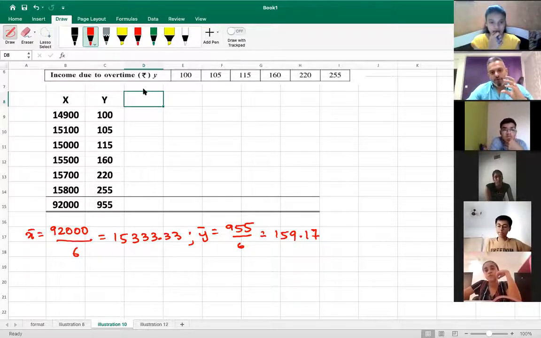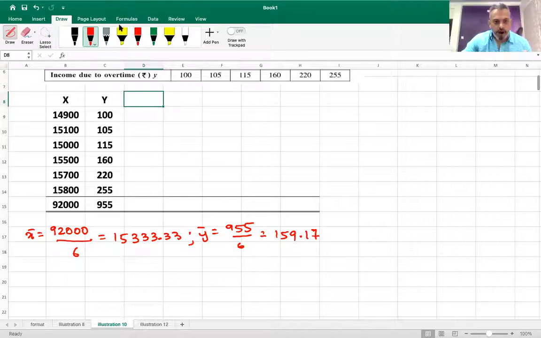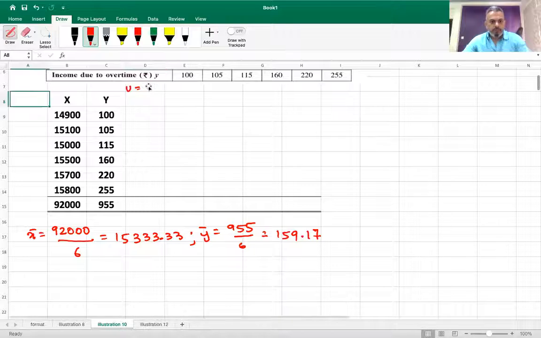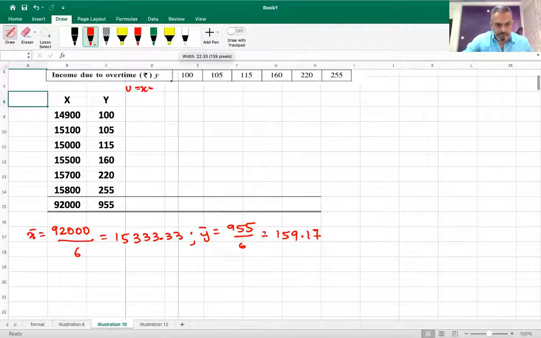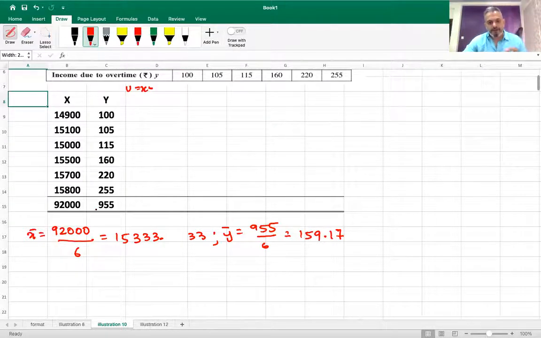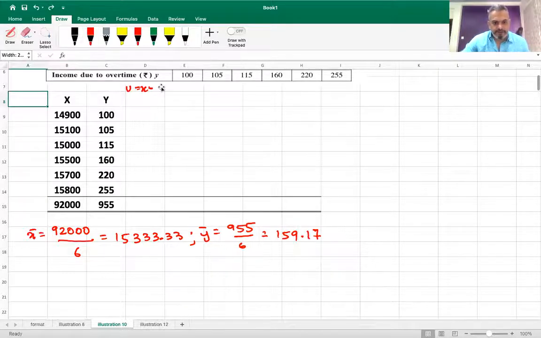So now we have to convert x into u. Now how do we do that? Please pay attention over here. We have to take u is equal to x minus an assumed mean. Here you have 15,333.33, so let's say we take an assumed mean of 15,000.